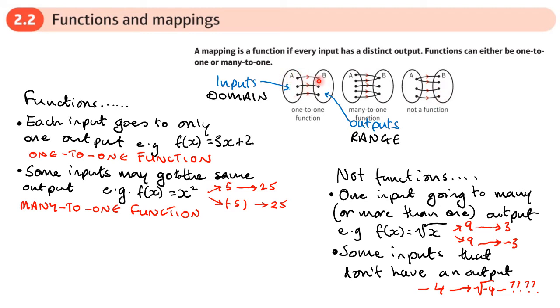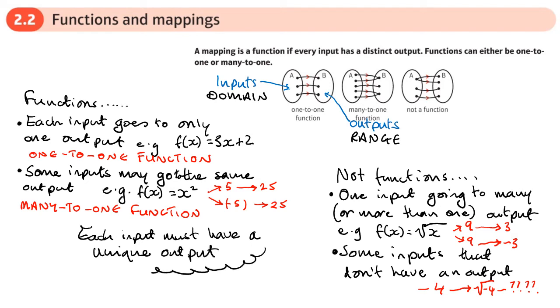So these can be functions one to one, and these can be functions many to one. Strictly speaking, a function is something where each input must have a unique output, which one to one and many to one functions have.